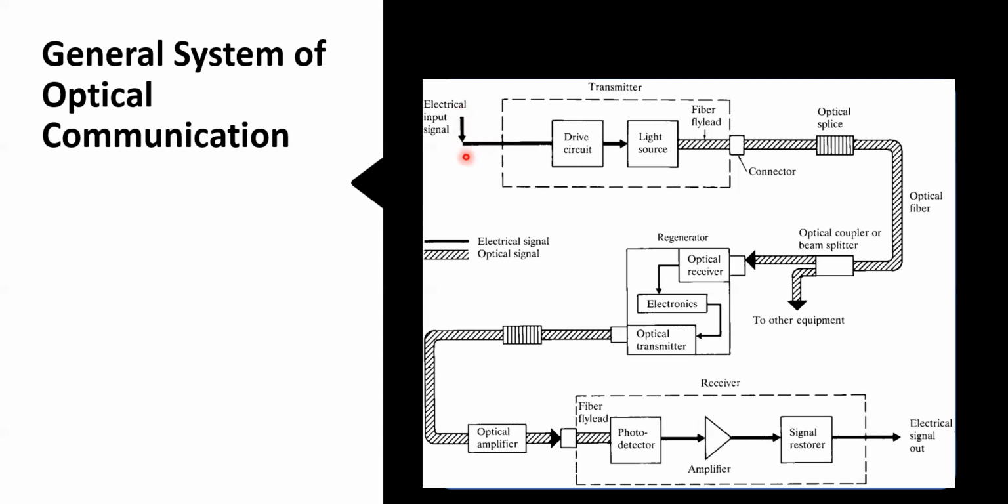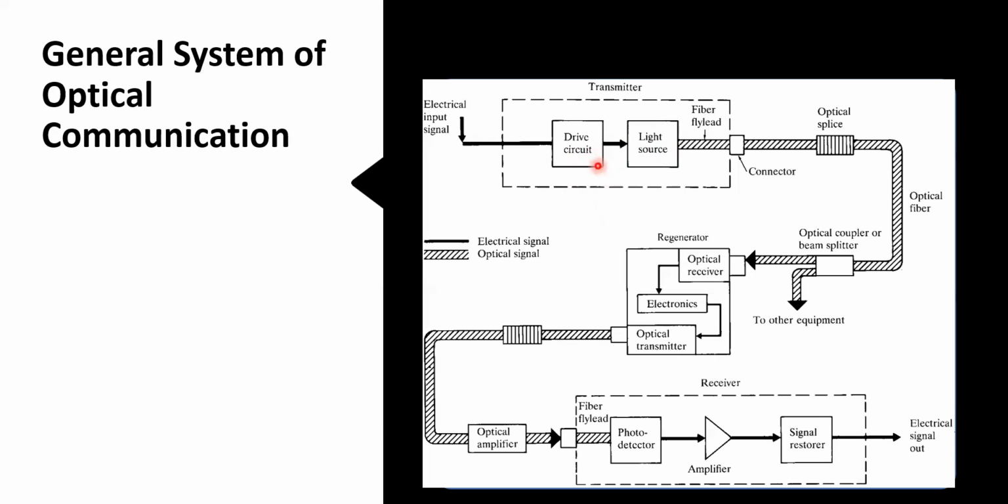So in our case, what is happening? This transmitter includes all those things. Along with that, there is one extra thing happening here: the electrical signal is converted to a light signal through the drive circuit. This happens through intensity modulation.